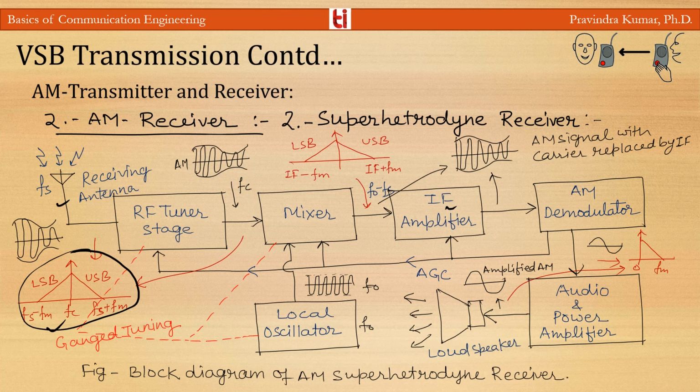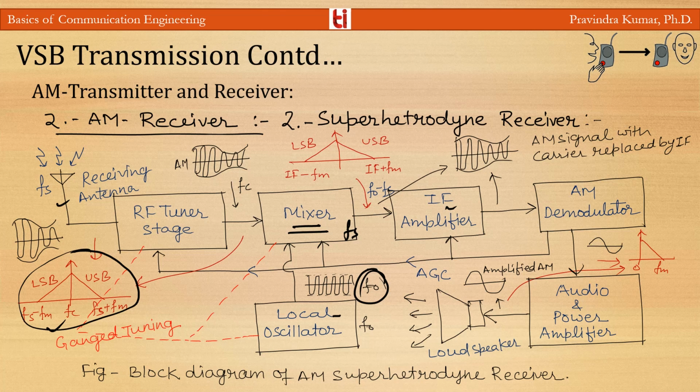And this is the local oscillator with frequency f naught, and the mixer. The mixer receives the signals from the RF amplifier at frequency fs, and from the local oscillator at frequency f naught.